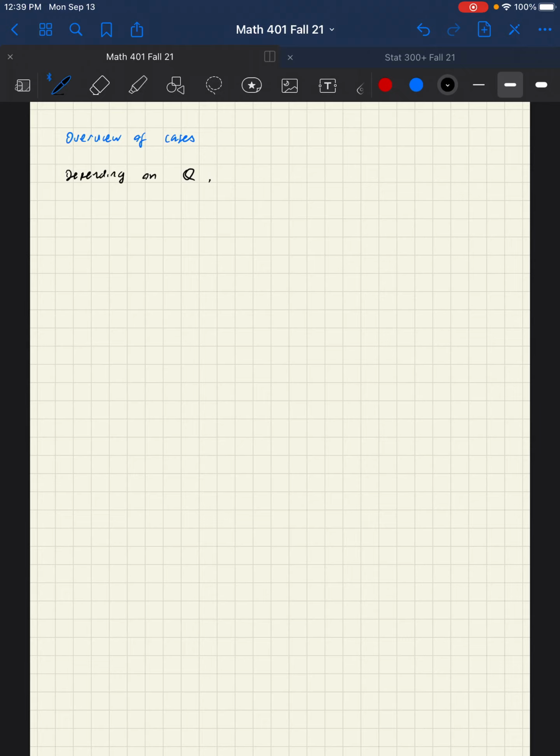So our first case, case one, is where Q is a product of distinct linear factors. So each term looks something like ax plus b, okay?